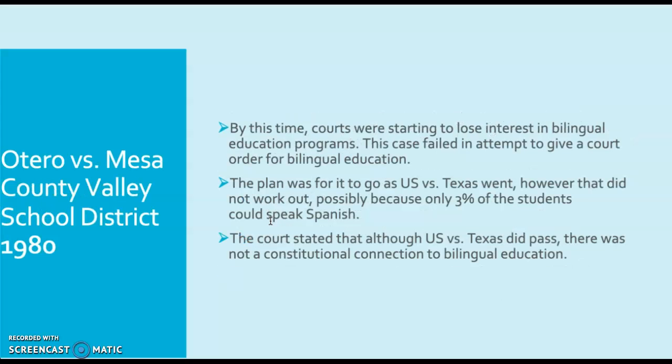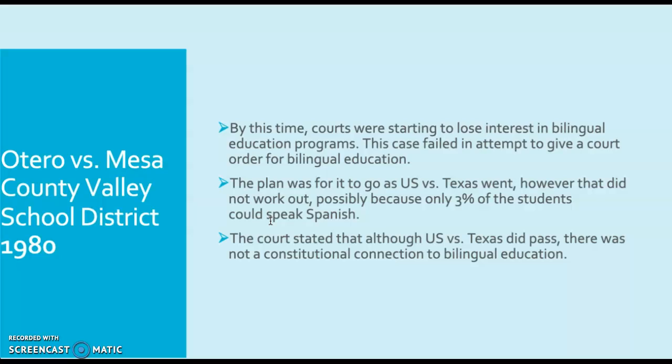So the last one that I'm going to talk about today is Otero versus Mesa County Valley School District, which took place in 1980. By this time, the courts were starting to lose interest in bilingual education programs, and this case failed in an attempt to get a court order for bilingual education.